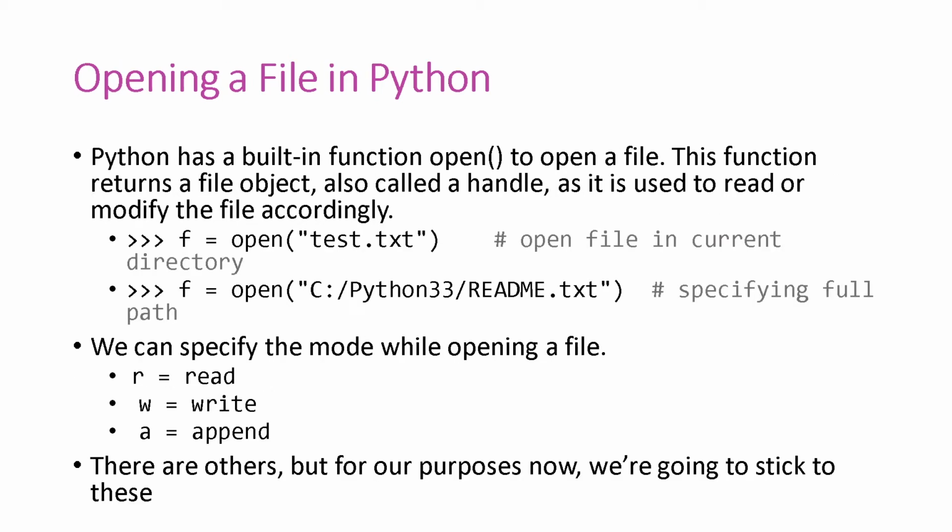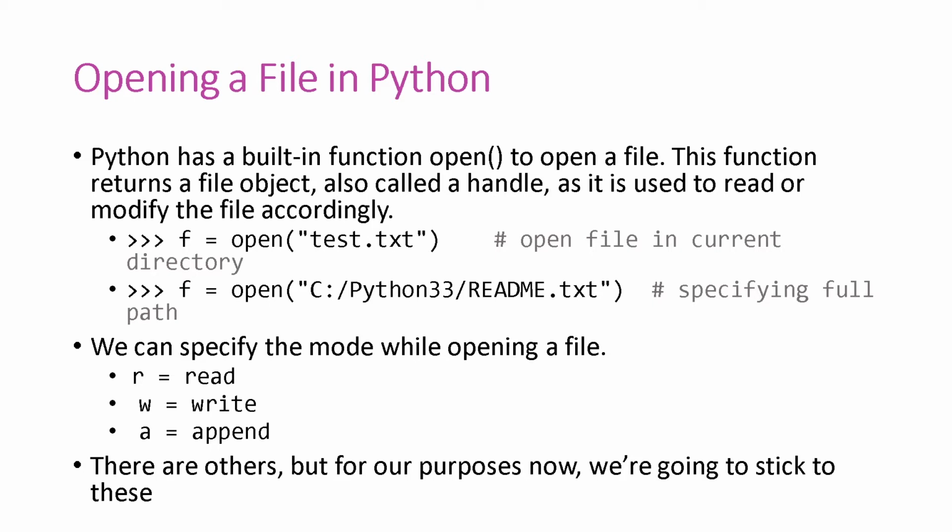Python has a built-in function called open that we use to open a file, and in just a moment, when we get to our demonstration, we'll see how to utilize this. This is incredibly simple. We're not getting really complex for this very first video. This function returns a file object.